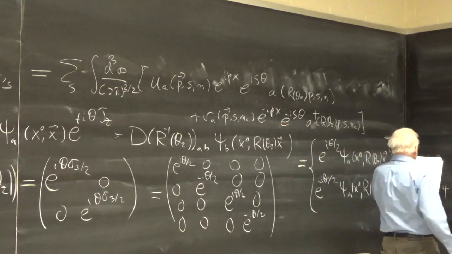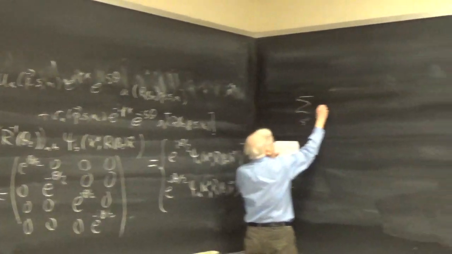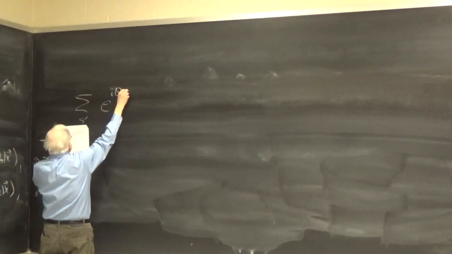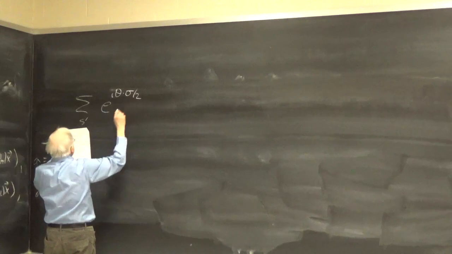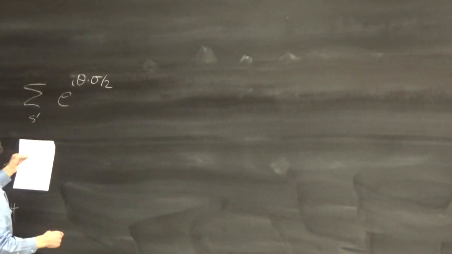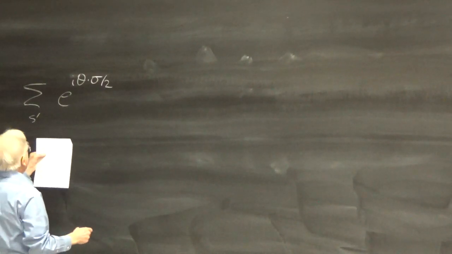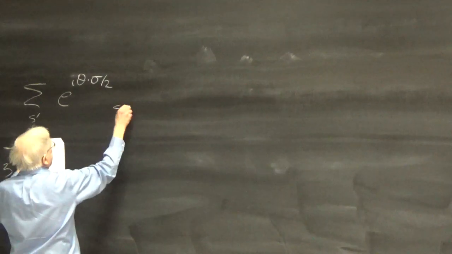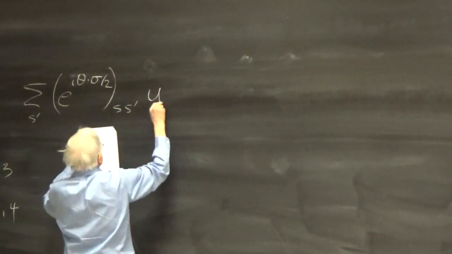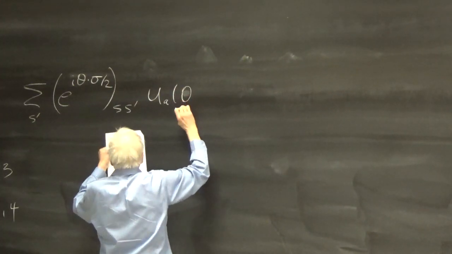So what we've got is sum on s prime e to the i theta dot sigma over 2. I don't know why I did that so elaborately. Because I'm just doing z rotation, so I could have written this more simply.